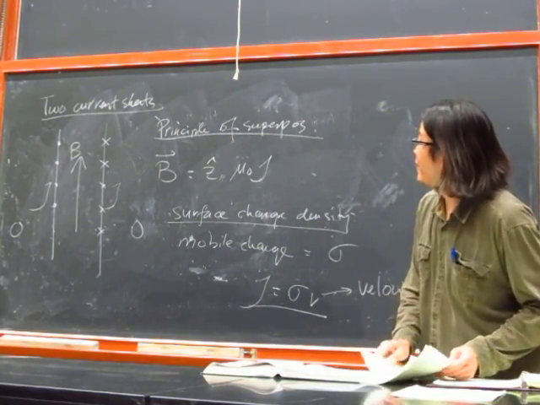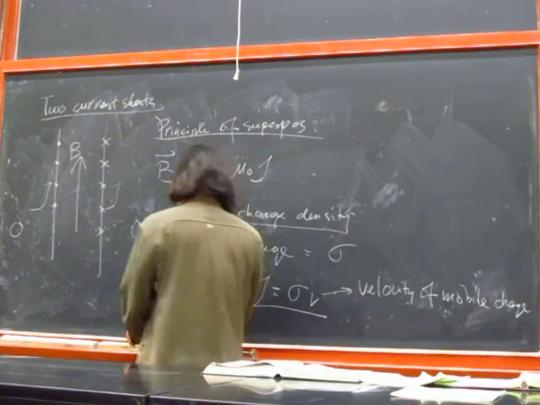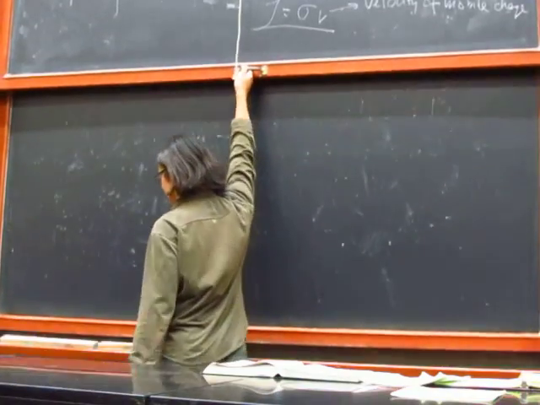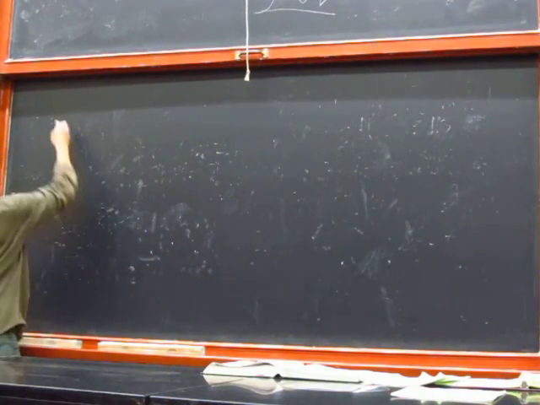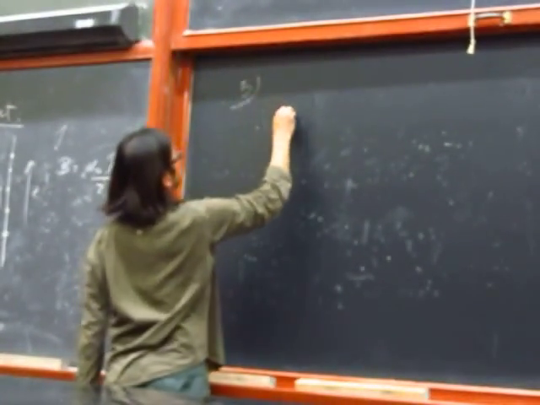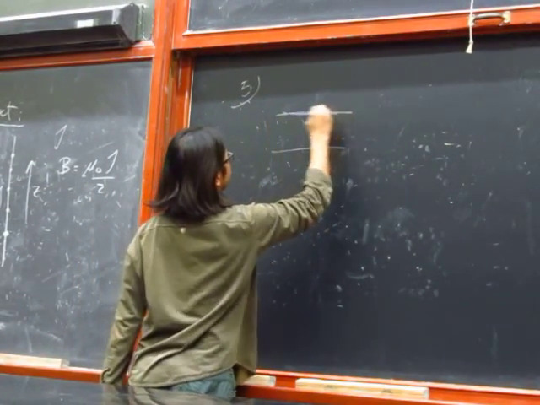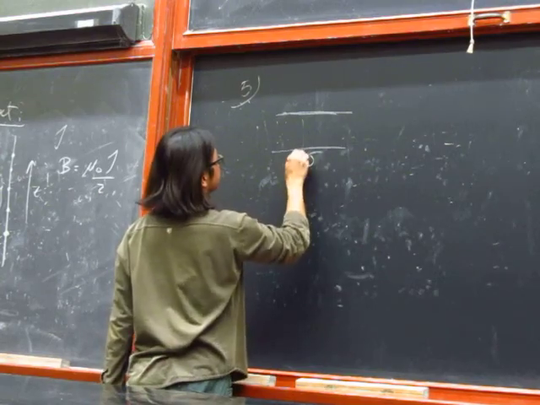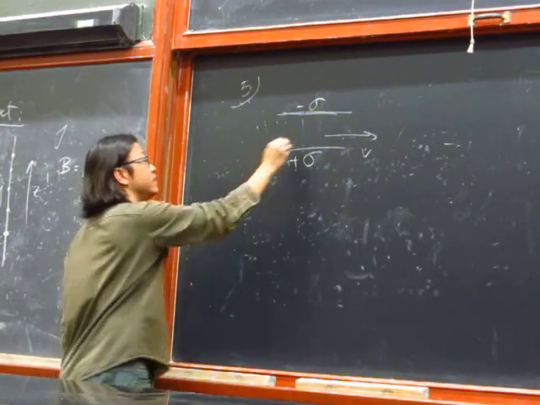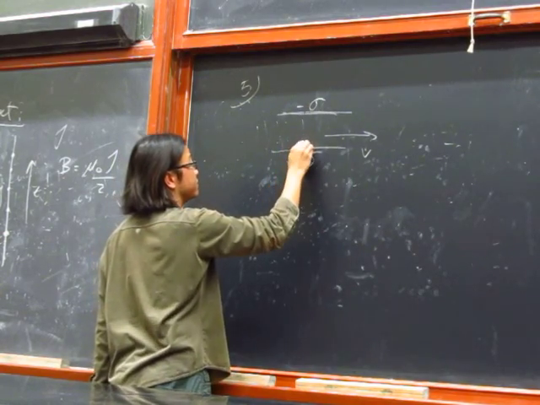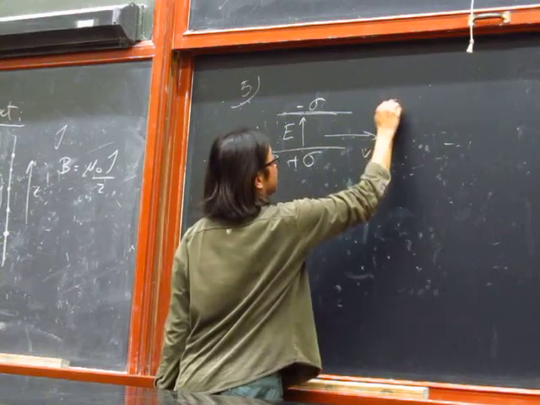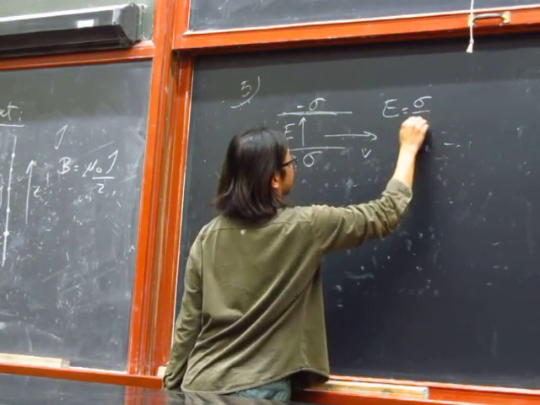So with that in mind, we want to use this inverse transform. Recall that from chapter 5, if I have parallel plates moving, with sigma plus and sigma minus, with some velocity v, then in the home frame of this parallel plate capacitor, the electric field is given by sigma over epsilon naught.